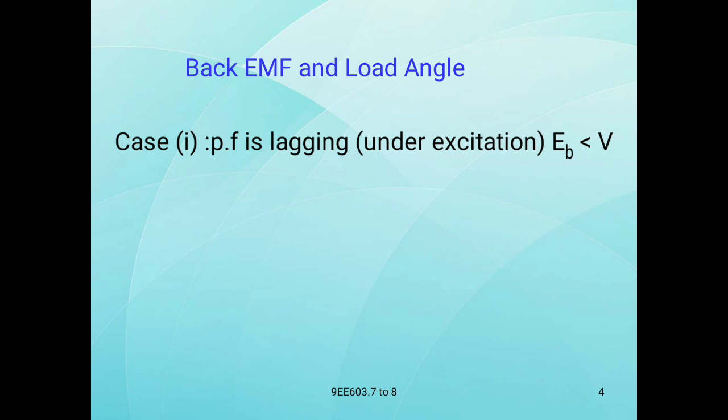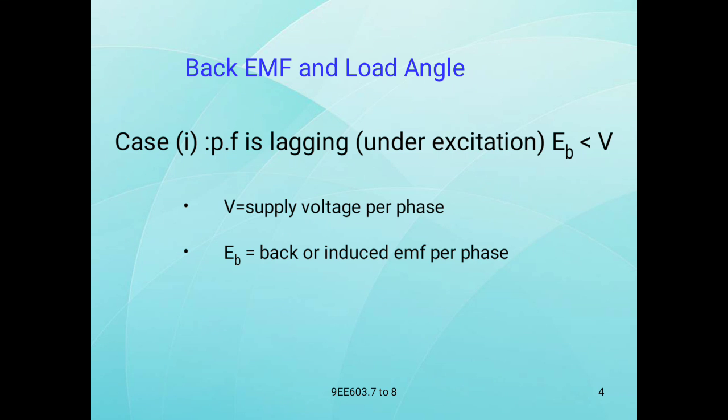Here in case 1 the power factor is lagging, that means under excitation, so EB is less than V. Now V is the supply voltage per phase, and EB is the back or induced EMF per phase.